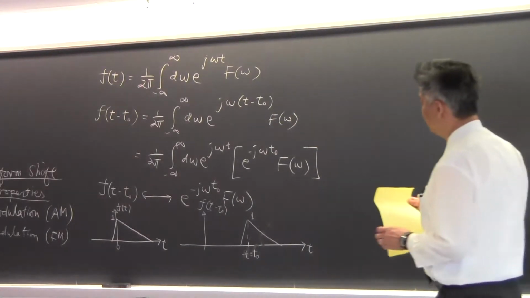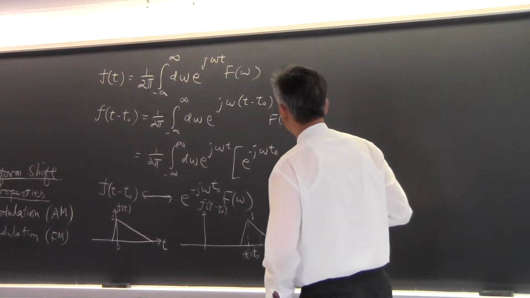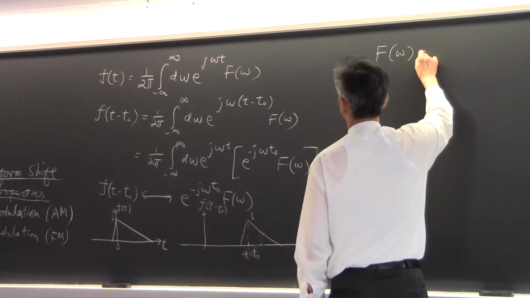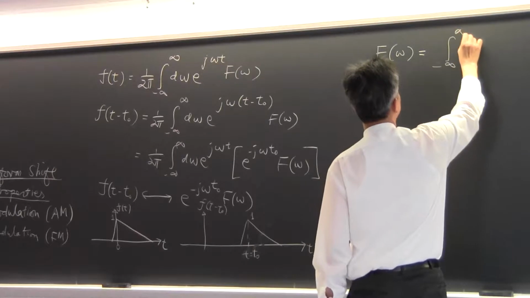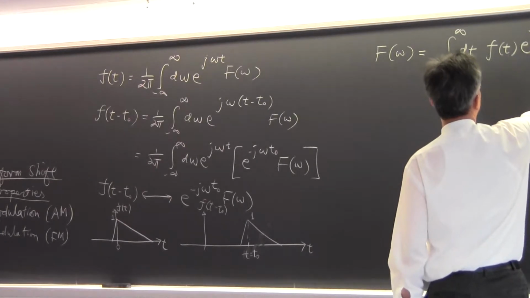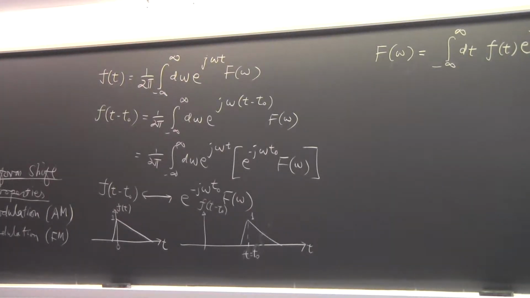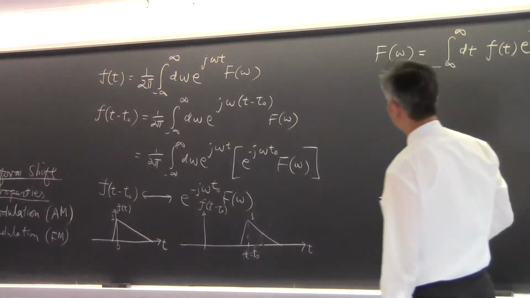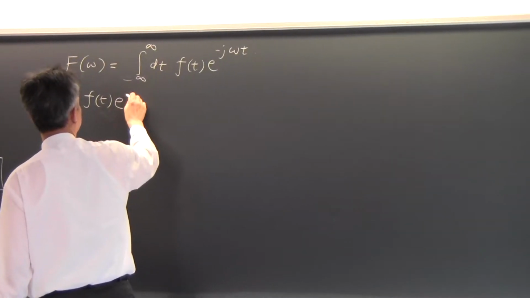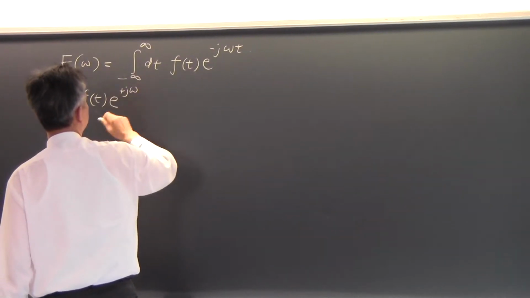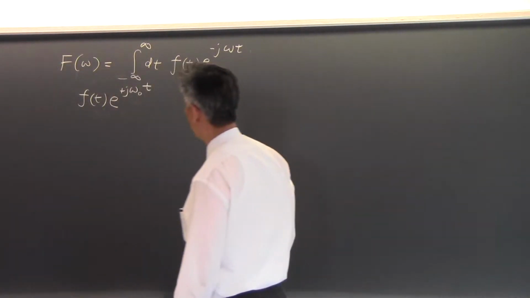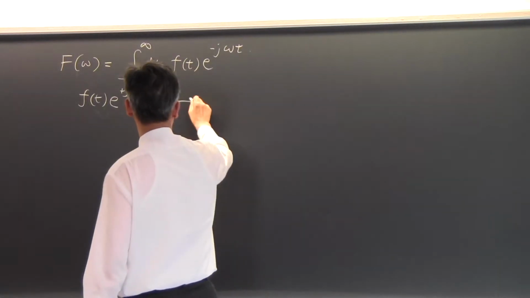Okay, but this property can also go in the reverse direction. That is, if I were to have f of omega equal to the integral from minus infinity to infinity dt of f of t e to the minus j omega t, that is the definition of a Fourier transform, then if I were to add a phase to this signal, say e to the j omega naught t, what does the Fourier transform go to?